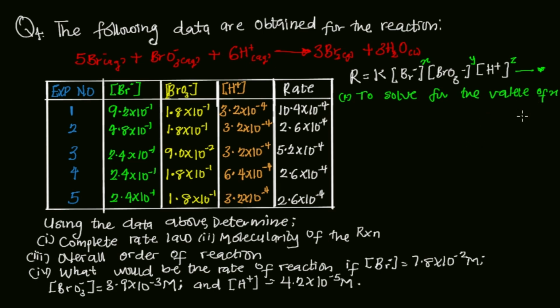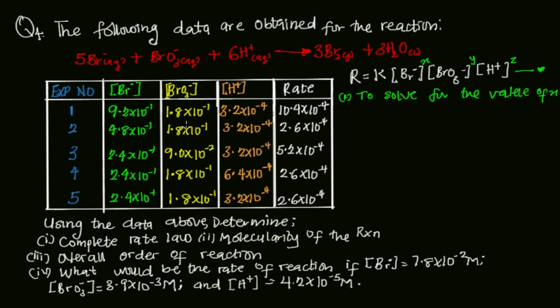So solving for the value of x, I have to pick 2 experiments that have similar values for bromine, for bromate, and also what? Hydrogen ion, because I have to cancel y and z out in order for me to solve for x. So in that scenario, I will be picking 2 reactions that are similar in this case.